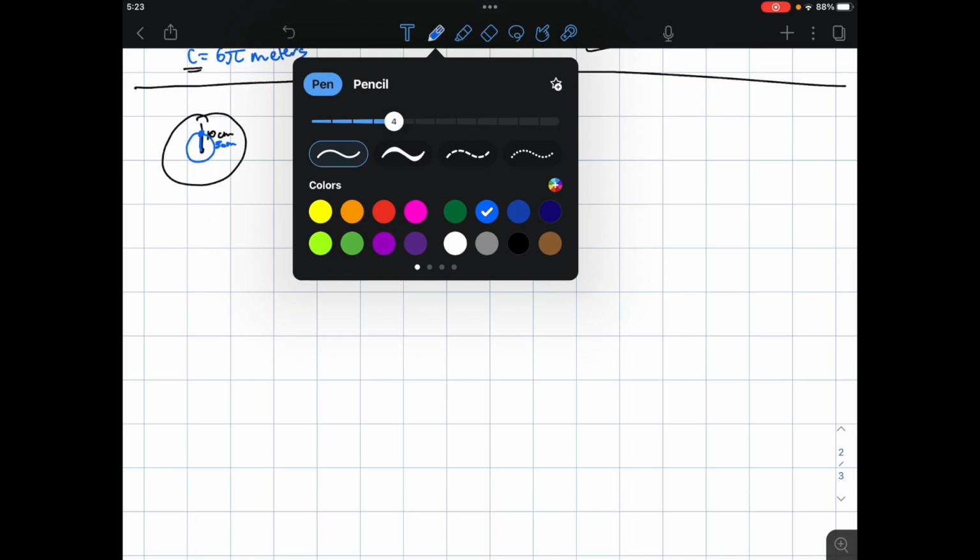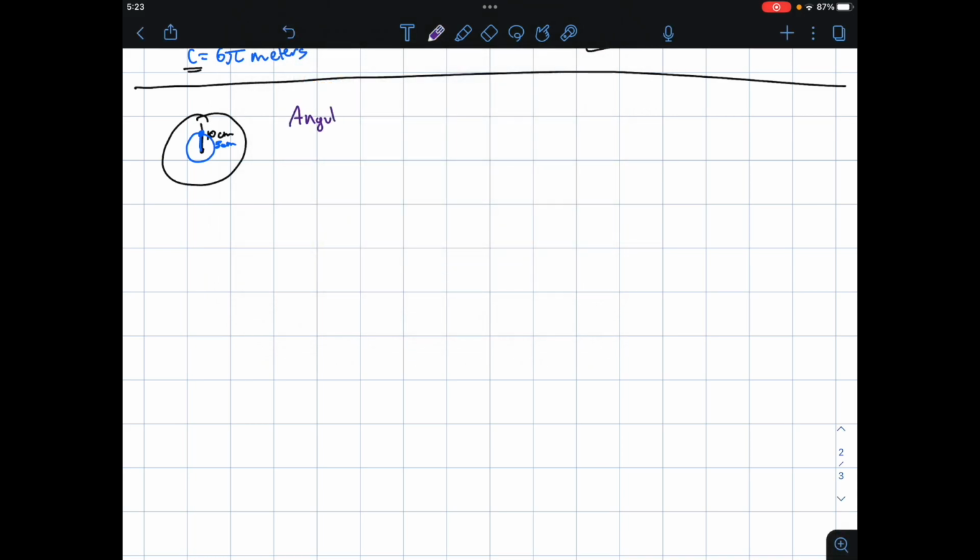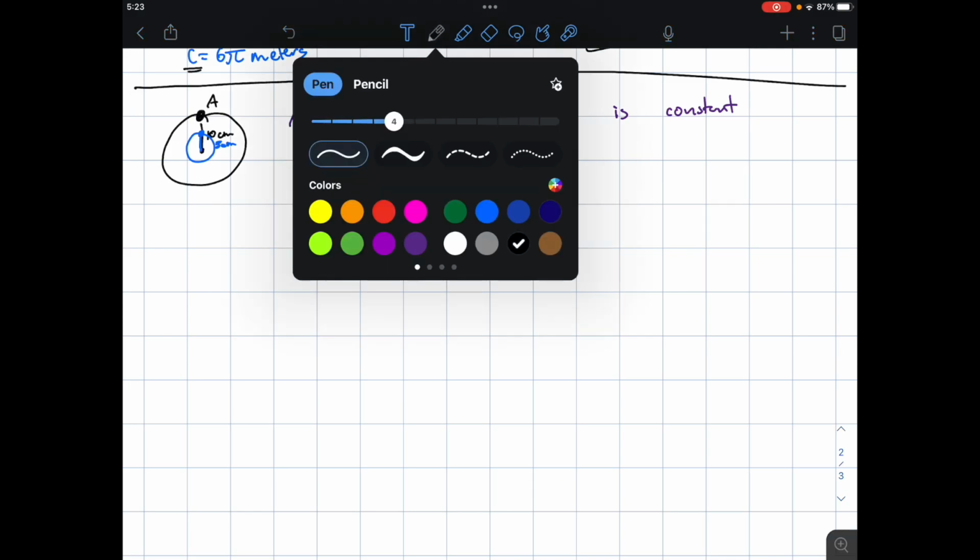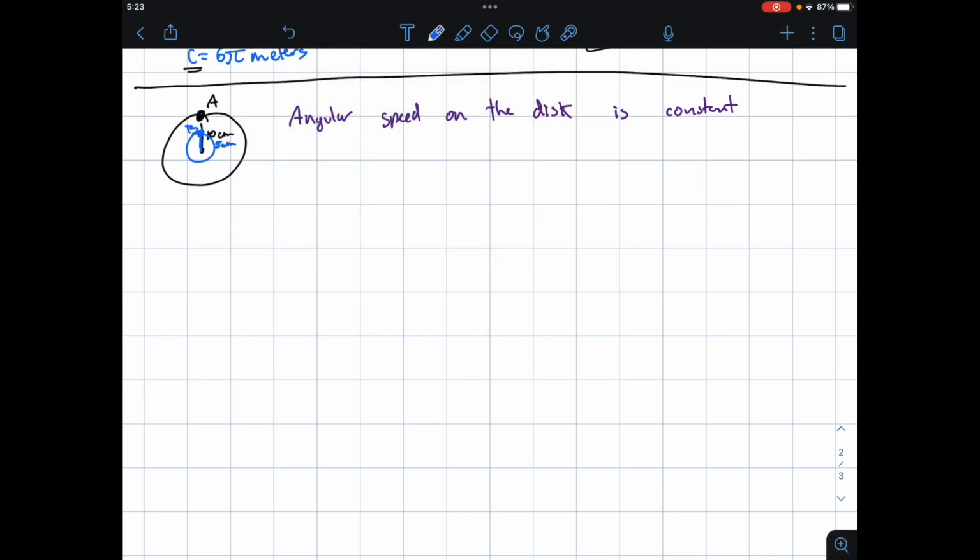Well, we said a moment ago that the angular speed on the disk as the disk rotates is constant. So if I denote some point A out here and some point B on the inner ring, the angular speed of A, using omega A, is equal to the angular speed of B. This is just notation for angular speed.